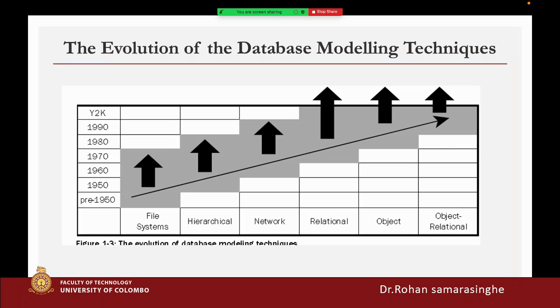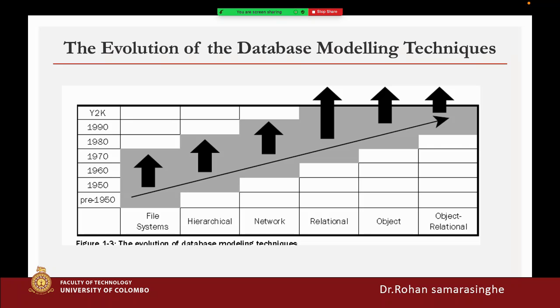databases were introduced. But there are some limitations of the object-oriented model. Still, object-oriented databases are used, but they cannot be extended very easily. When you want to add or delete a certain field in the database, the program also must be changed.